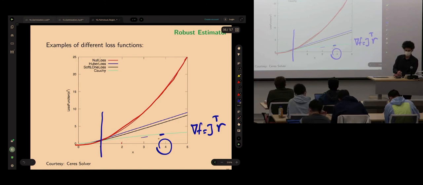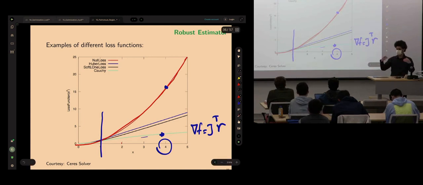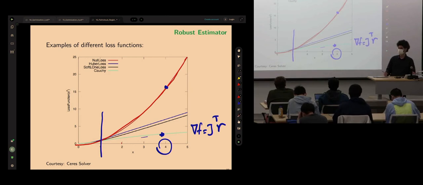Instead of having this effect, it has a much smaller effect. So without making a decision, we're softly ignoring outliers, and that's very desirable, as opposed to setting a threshold, making a decision that I'm going to ignore this set of points in the optimization.